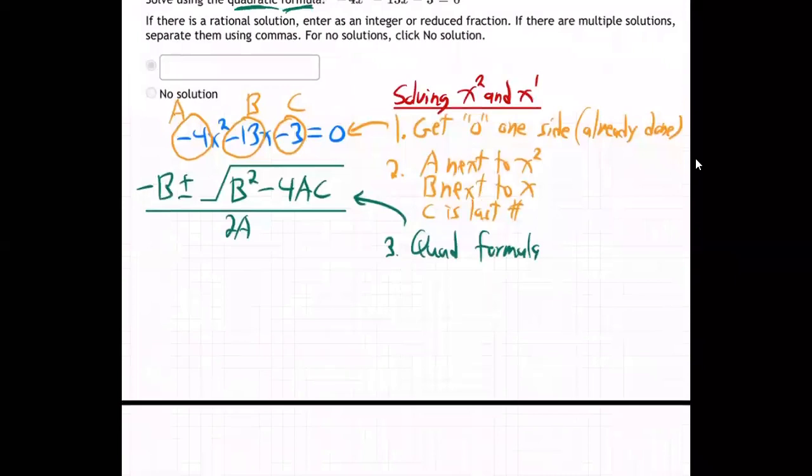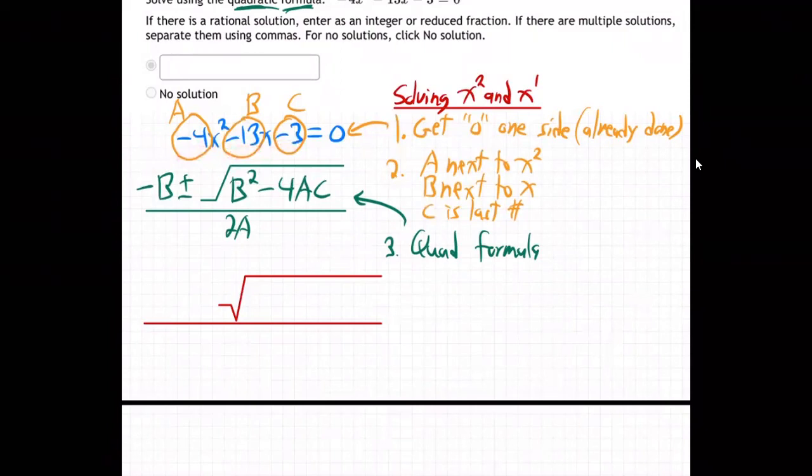We're going to plug into it A, B, and C. So let's do that. Mr. Heron, is it negative b because it's negative 13x? No, it's just part of the formula. There's a deeper reason, but we're not going to get into that. So now what we're going to do is plug in A, B, and C into this formula.